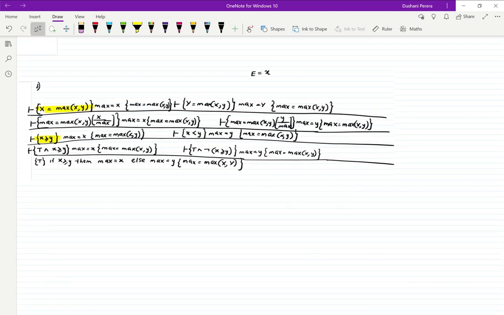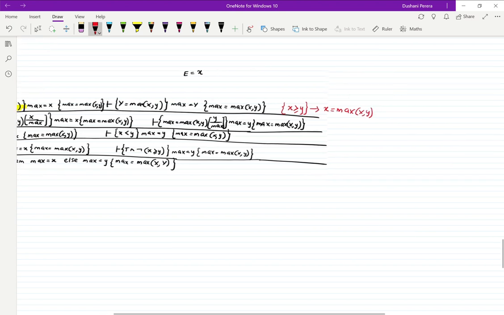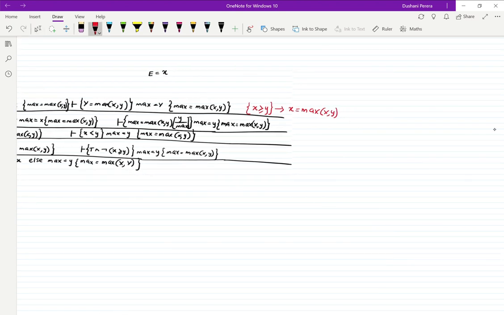So we have x greater than or equal to y implies x equals max xy, and we also have x less than y implies y equals max xy.